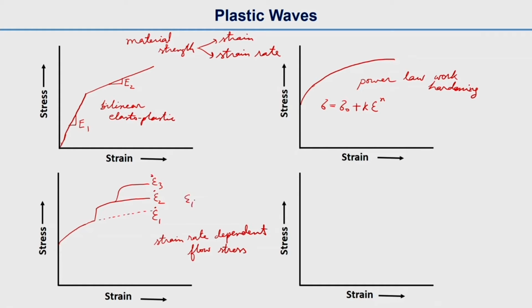So here the strain rates are in increasing order. This is strain rate dependent flow stress. The constitutive equation we can write in this form: k epsilon to the power n times epsilon dot to the power m. This is the strain rate term, and m will be between 0 and 1.